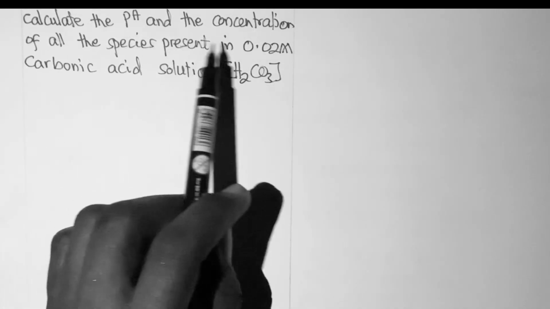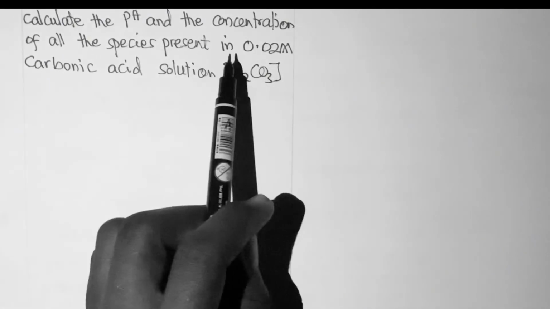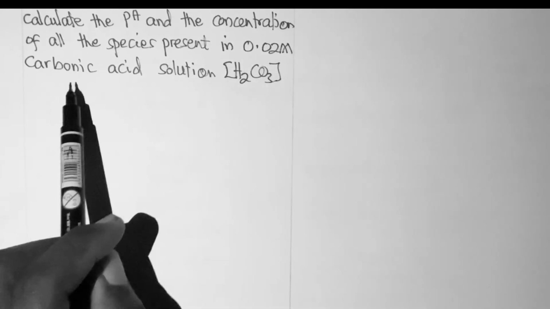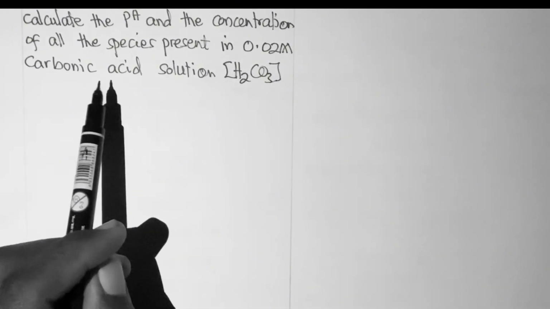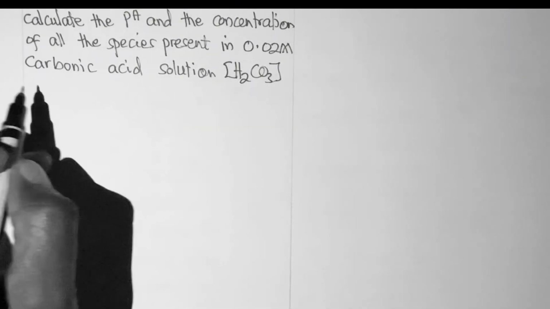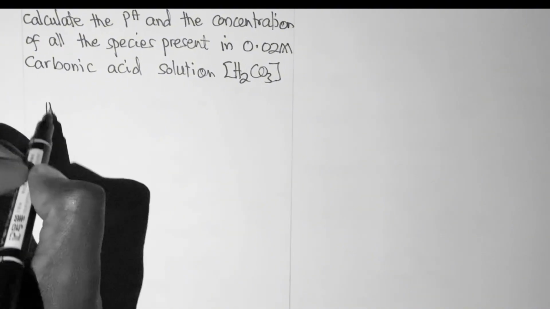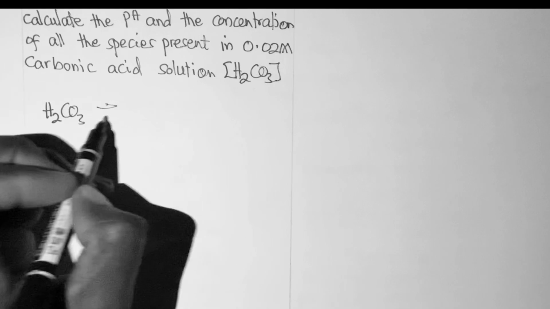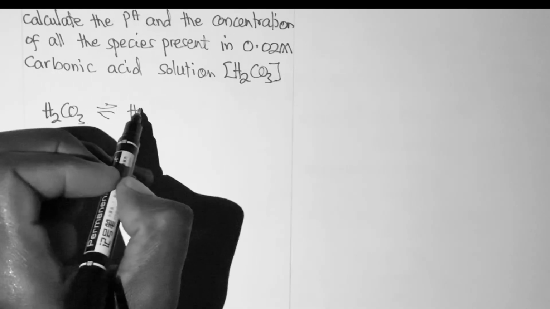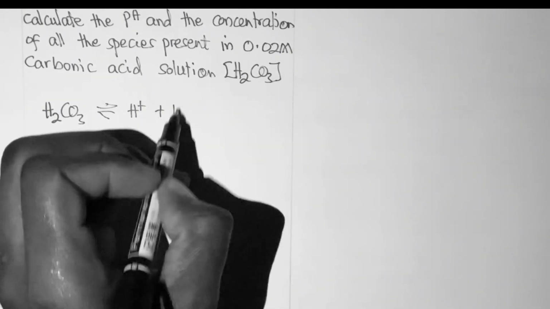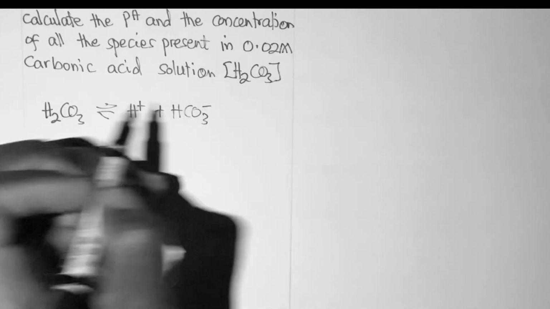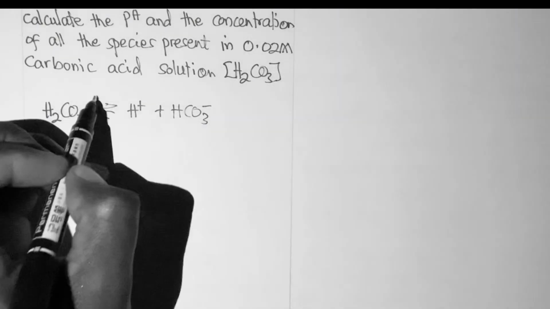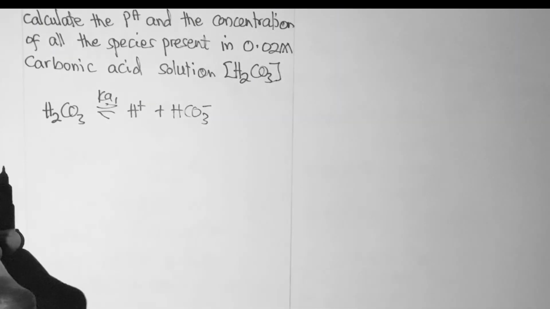Calculate the pH and the concentration of all the species present in 0.02 molar of carbonic acid. So now let's write the dissociation of carbonic acid. H2CO3 is a weak acid. It dissociates into H plus ions plus HCO3 minus ions. So this is the case of Ka1.